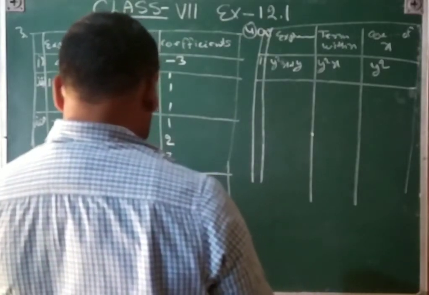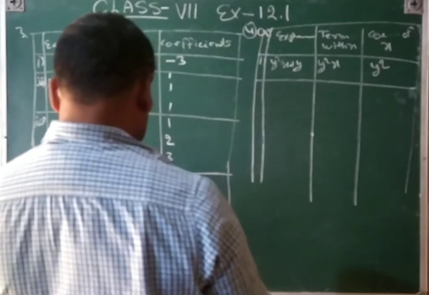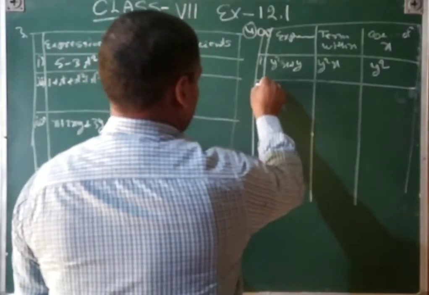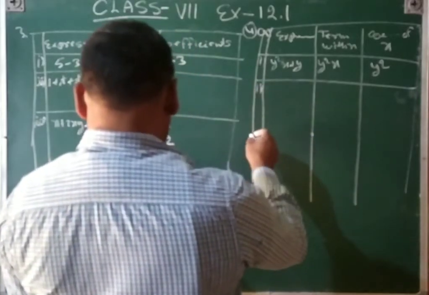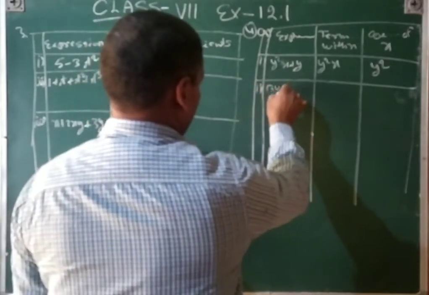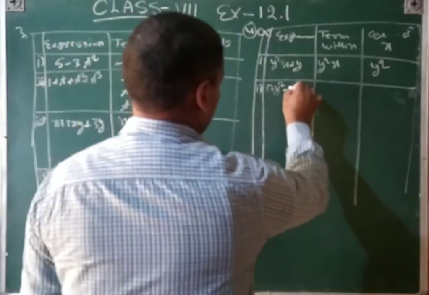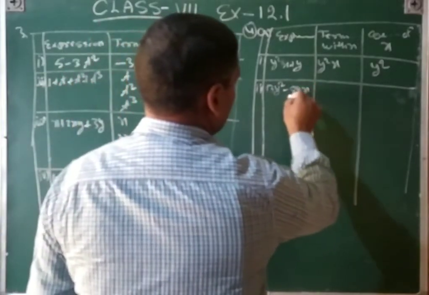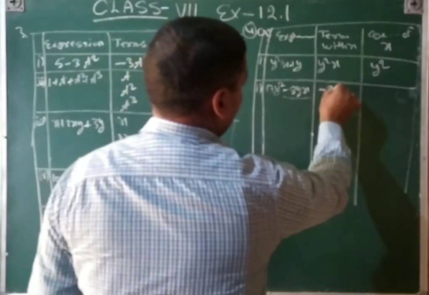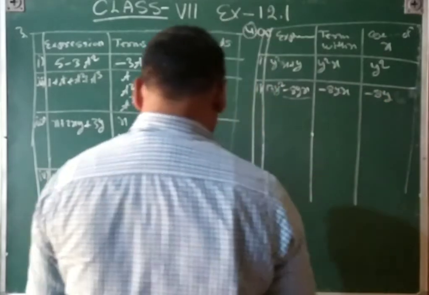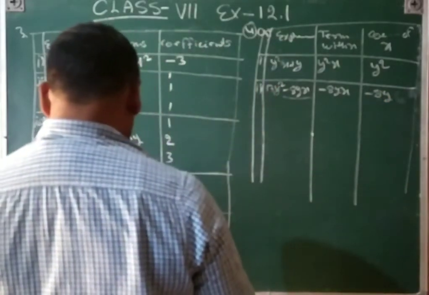And then the second question is 3y square minus 8xy. So that is the second part, 3y square minus 8xy, 8yx. So in this term 8yx is given, x is given there. So minus 8y will be the answer.